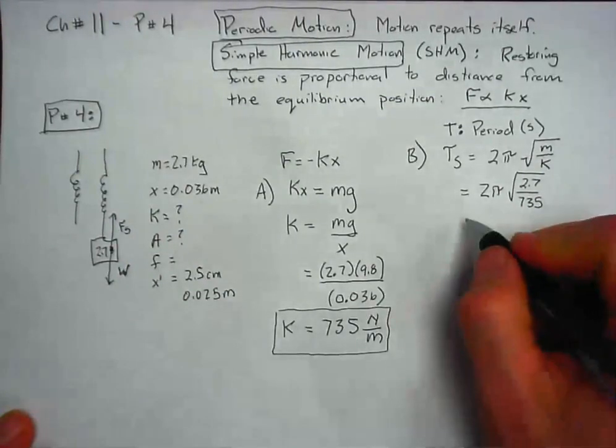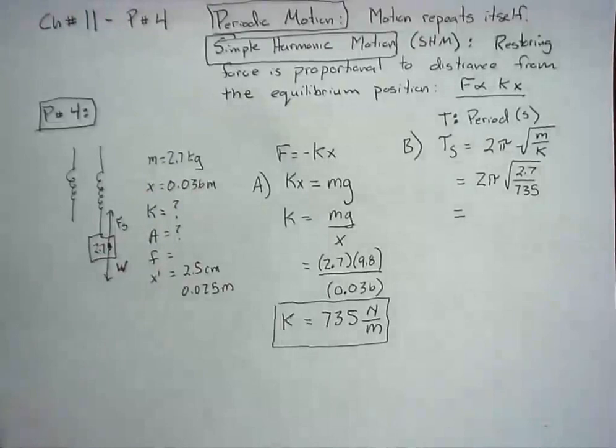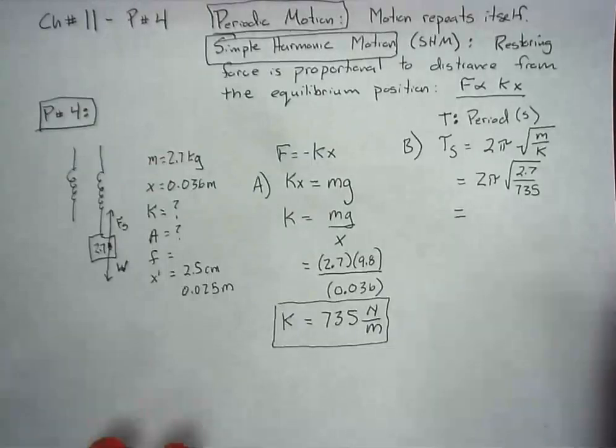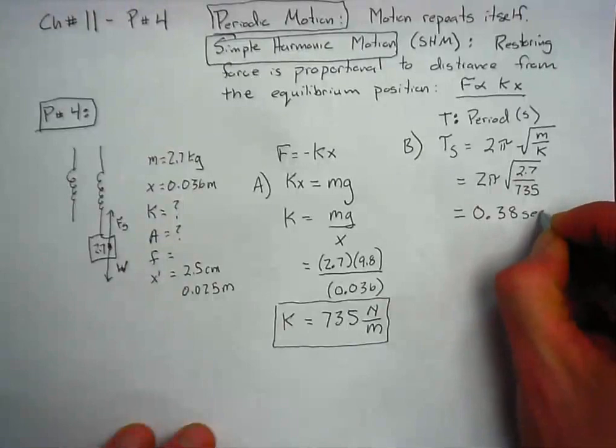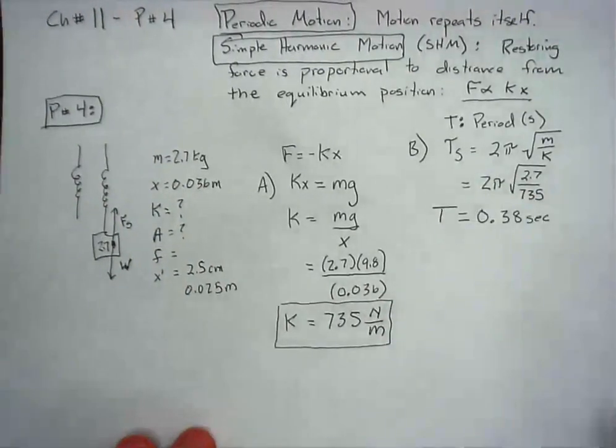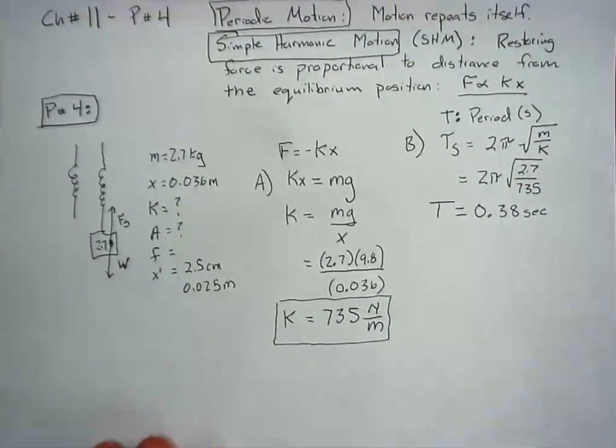So if we plug that into our calculator, we would get a number. What number would we get here? We would get 0.38 seconds would be the period. So that's how long it would take for one oscillation to take place, right? One full down and back, one complete cycle.